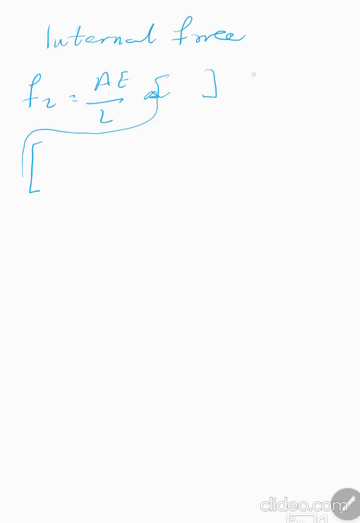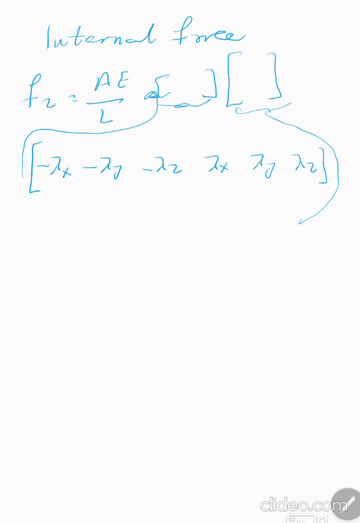Here we have a matrix, and then also here we have a matrix. So for the horizontal matrix, this one: minus lambda x, minus lambda y, minus lambda z, then lambda x, lambda y, and lambda z. Then the value of the vertical matrix depends on the global system of your member.